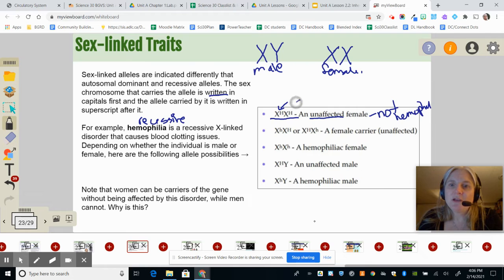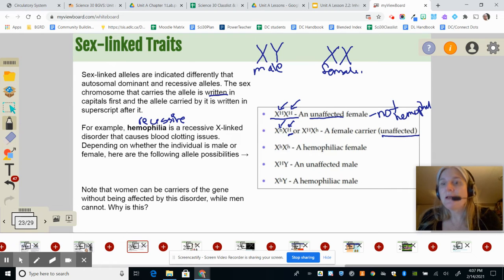If the female has 2 dominant alleles, they're fine. It's not the disease. If the female has 1 dominant and 1 recessive allele, as long as they have 1 dominant that's healthy, that dominant is going to overpower the recessive and they will be fine.